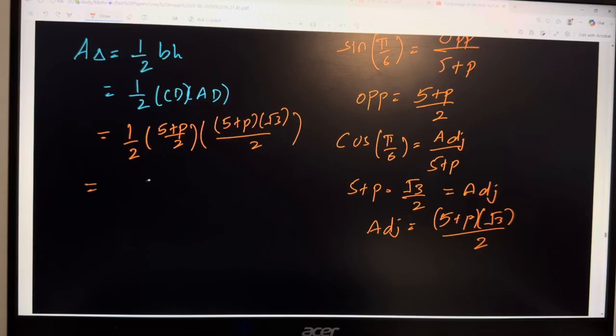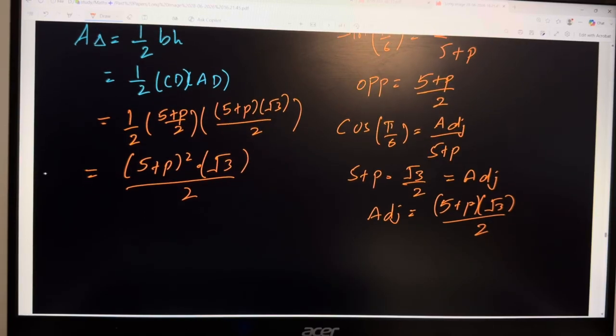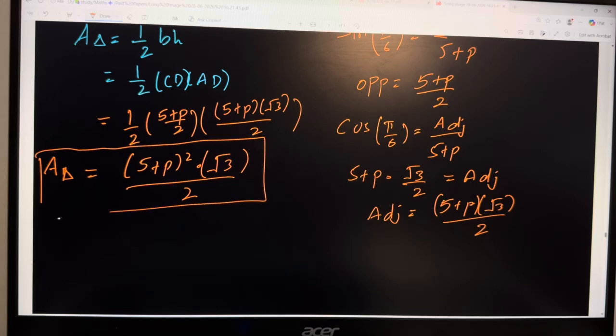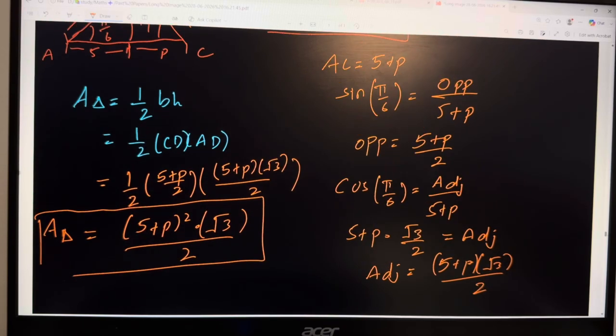So this becomes 5 plus p, the whole thing squared, times root 3, the whole thing upon 2. So this is our area of triangle right here.